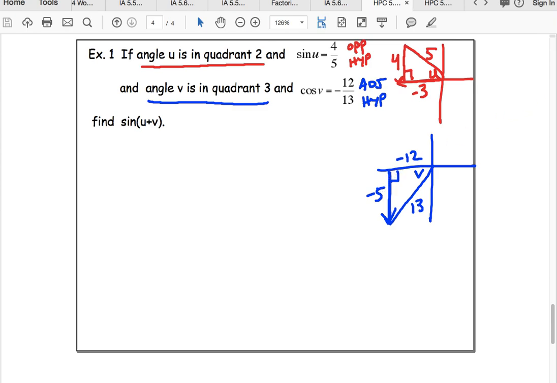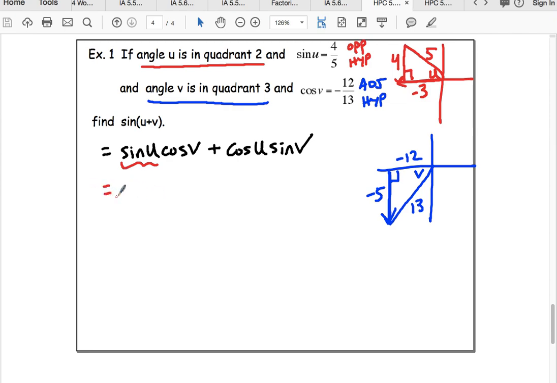Okay, so now we have everything we need. So we're going to follow this formula. Sine of u plus v. The formula says we're supposed to do sine u cosine v plus cosine u sine v. Now I'm going to try to color code things. So anything that's referring to a u will be red and anything that's referring to a v will be blue.